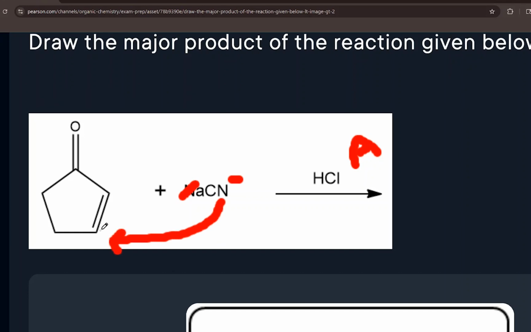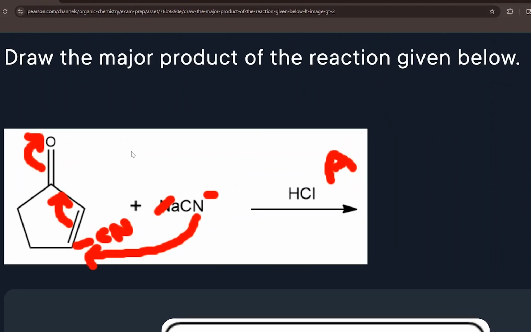And what's going to happen is that's going to allow the CN to attach right here. Now our double bond's not too happy anymore because we have our CN attached, so that is going to move right here. And as a consequence, our pi bond is going to move up here. So our intermediate will look something like this.